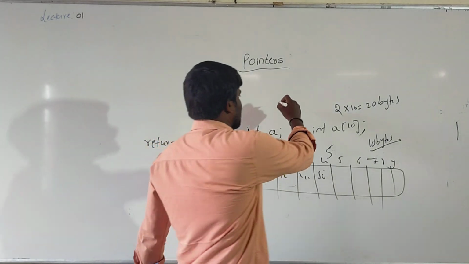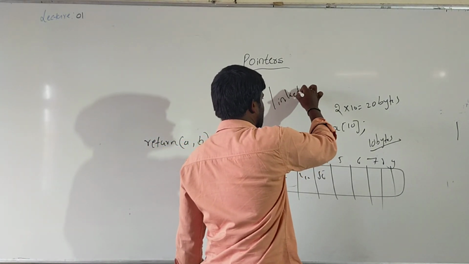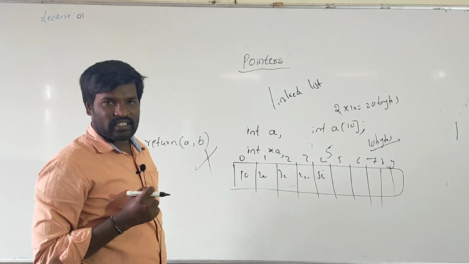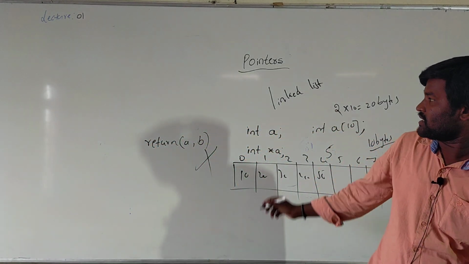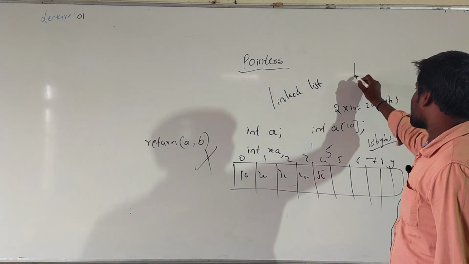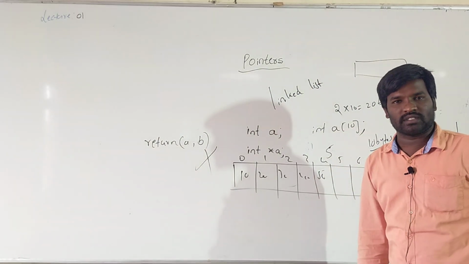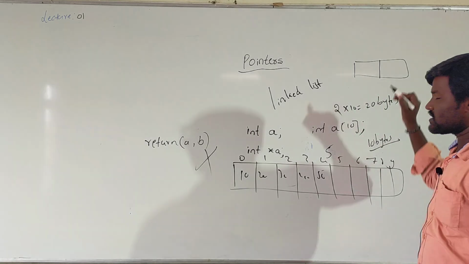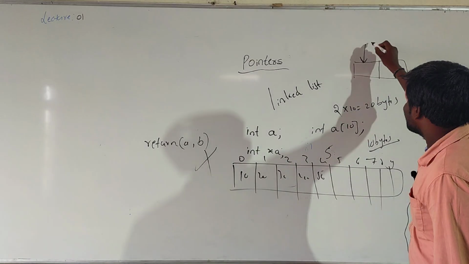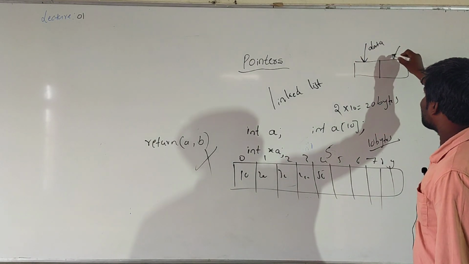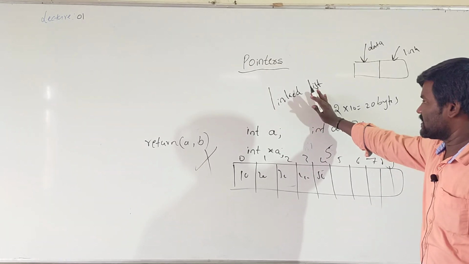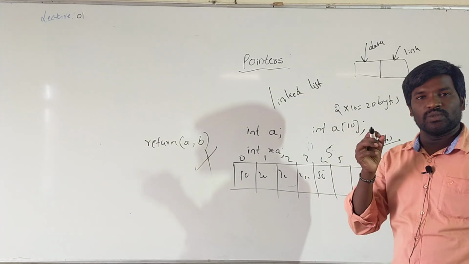For example, a linked list. It will come in the data structure chapter actually, but briefly I will tell you what a linked list is. A linked list is a collection of nodes.